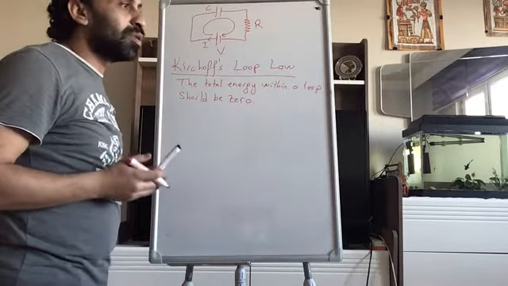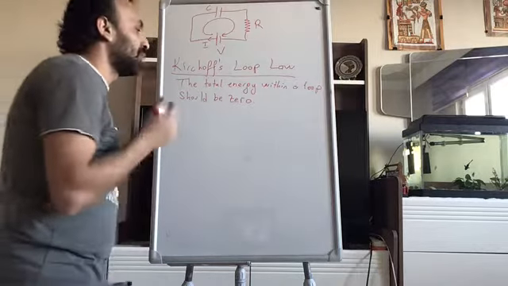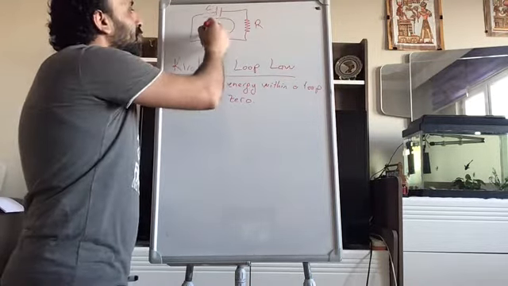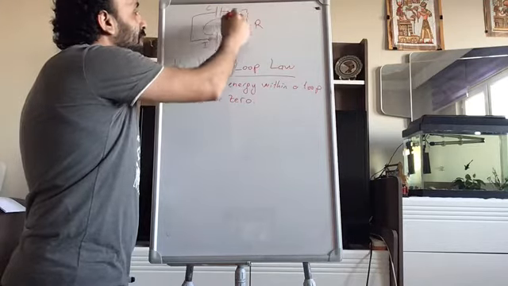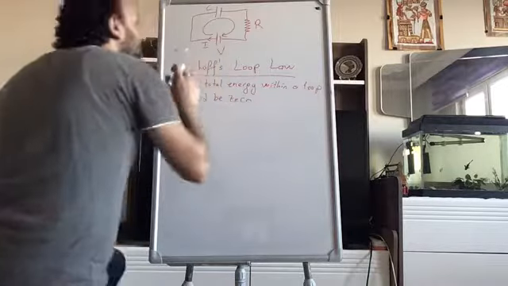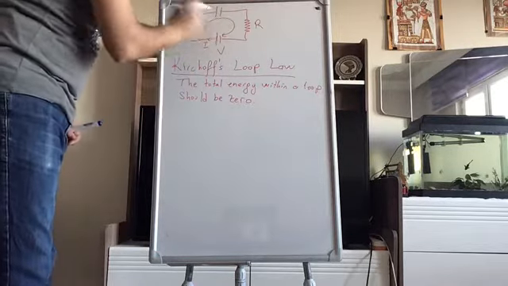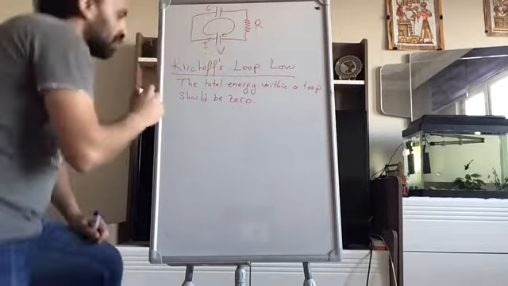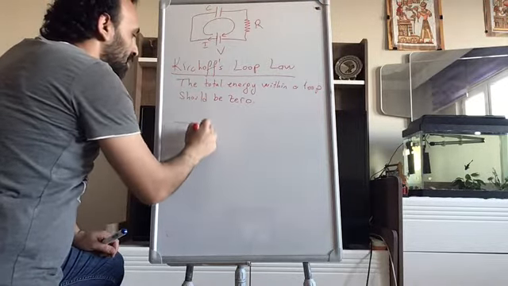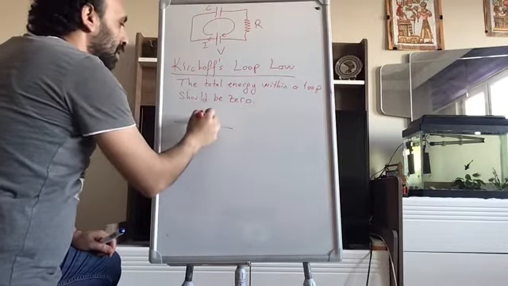Because the total work done by the electric force will be zero. But how can we see it? Now, if you follow the path of the current in the same direction, actually you can follow the other direction, but here I'm going to follow the same direction as the current. So first we are passing a power supply, right? In this direction.